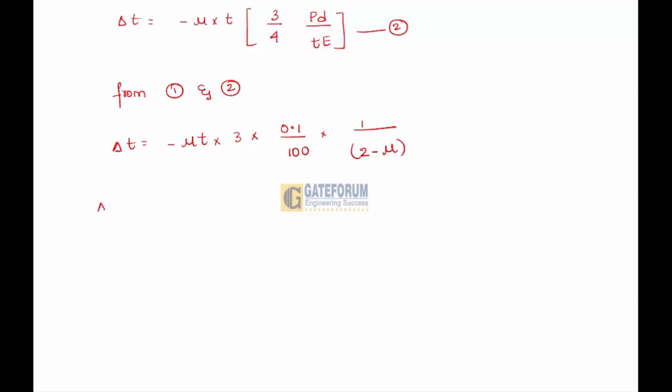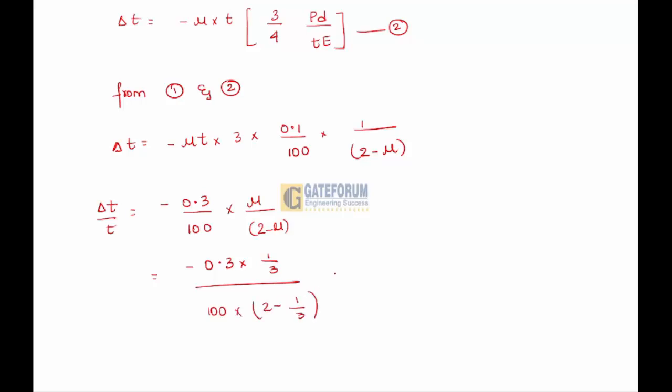From here, delta T by T I want to take as minus 0.3 by 100 into mu by 2 minus mu. On solving it, mu is 1 by 3 given, minus 0.3 into 1 by 3 by 100 into 2 minus 1 by 3. Solve this.